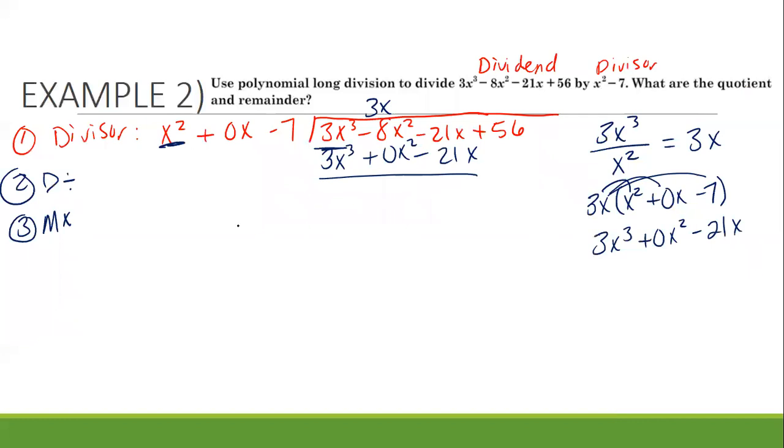Step 4 is to subtract. Subtracting means that I'm changing the sign of each term. When I subtract, it eliminates my cubic term. When I subtract, that leaves me with negative 8x squared plus 0x.